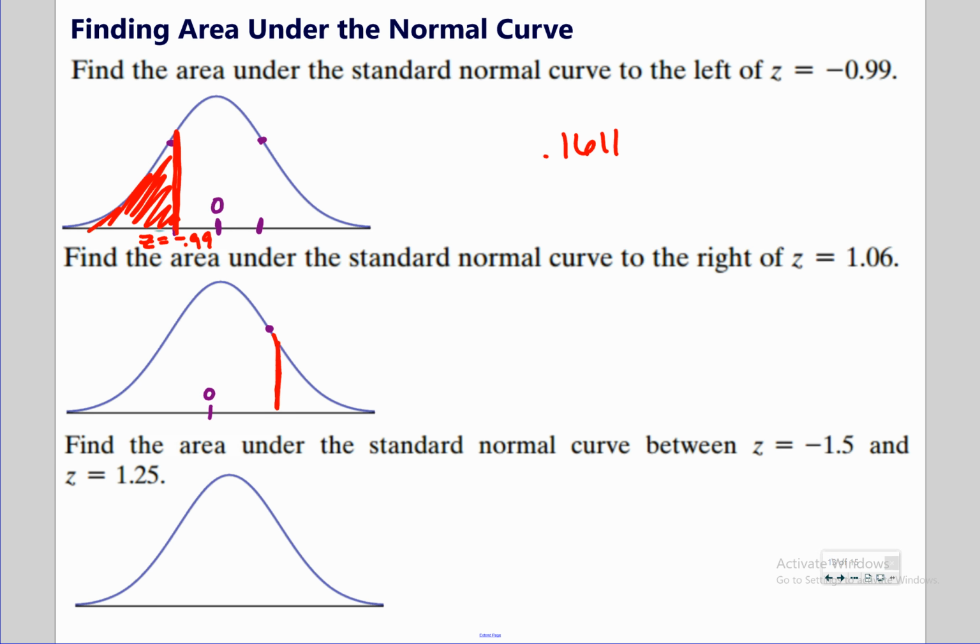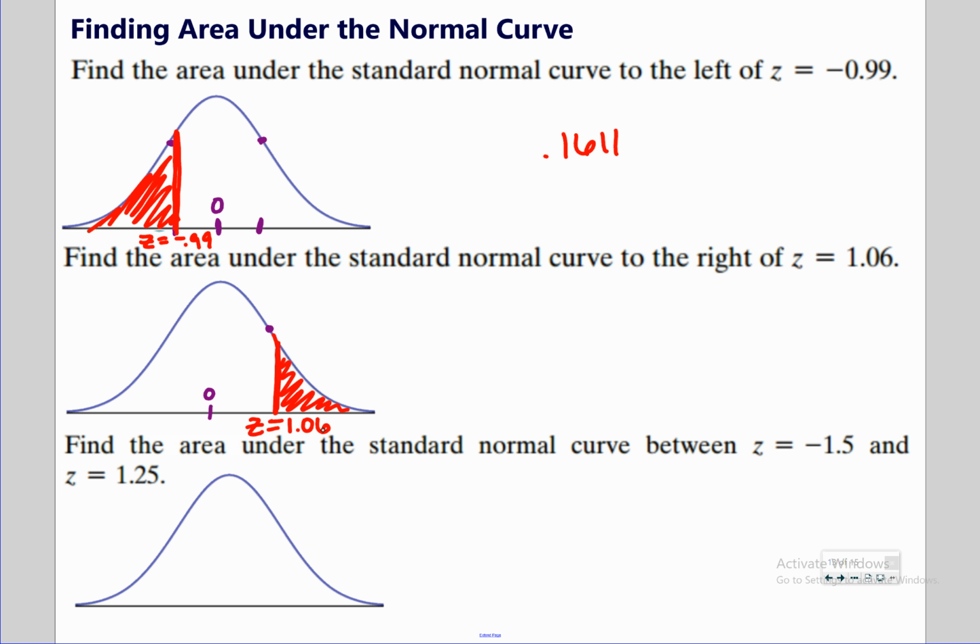Rough sketch. This time we're finding the area to the right. Okay, so normally when I have a z-score bigger than 1, what I'm going to get off my chart is going to be something bigger than 0.5. But you can see based on what I've shaded here, it's less than half of the curve. So we should expect a number smaller than half.